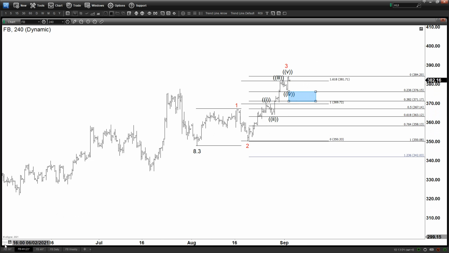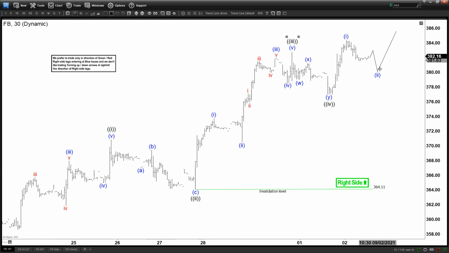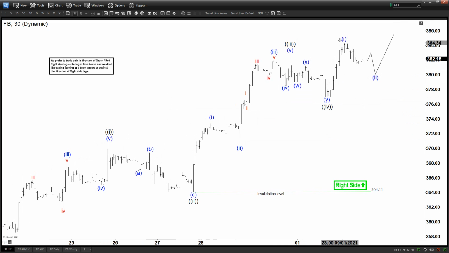So for now, in the shorter cycle, we are calling for extension higher within wave 5, with the alternate being that 5 finishes here, which ends the higher degree 3, and then a pullback in the 4, which should again find support before the next leg higher.